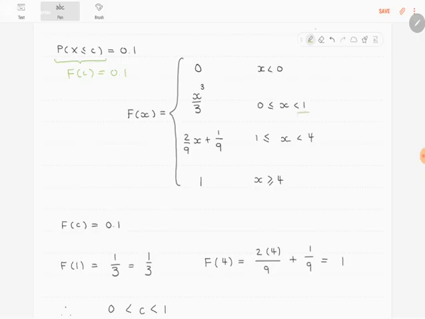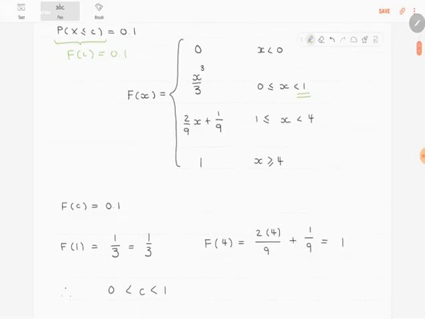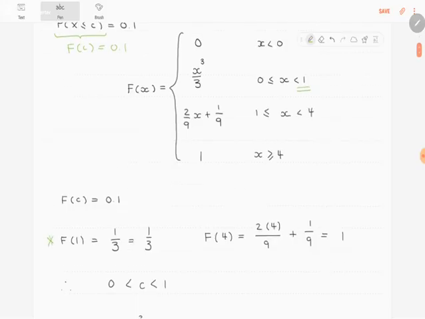So let's take the upper bound and see what's the maximum probability that we can get for this equation, x cubed over 3. I just calculated F of 1. In other words, what is the area to the left of the value of 1? And you actually get 1 over 3. Immediately you can see that 1 over 3 is less than 0.1. So this tells us that the probability that we're looking for is actually going to be in the first region. So you always need to check this.